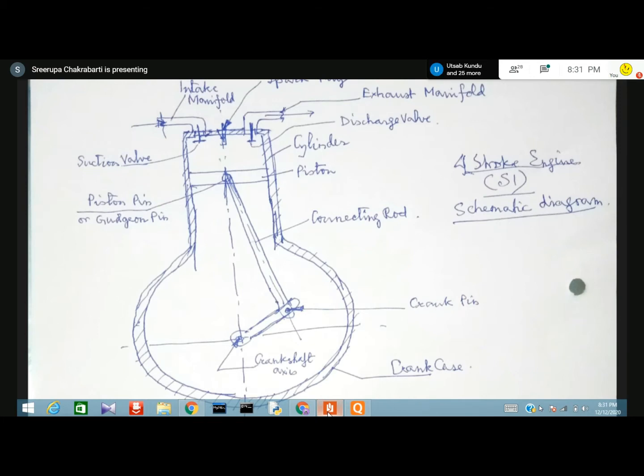And then the reversal of the direction of the piston occurs. That is the reason why it is called dead center. Dead because at that point the velocity suffers a reversal, comes to zero. If you consider the upward velocity to be positive, then from the positive it becomes zero and then it becomes negative.